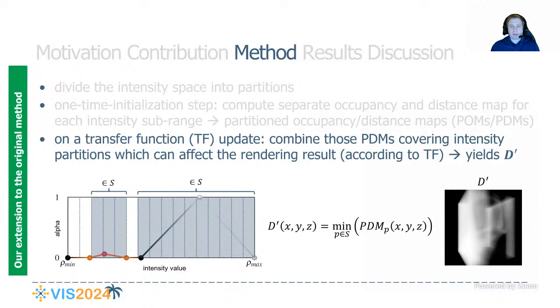This yields D prime. D prime is just the voxel-wise minimum over the PDMs with the index P of the set S, where S is the set of partitions that contain intensity values that get mapped to non-zero alpha values.